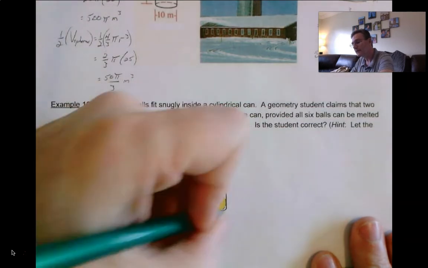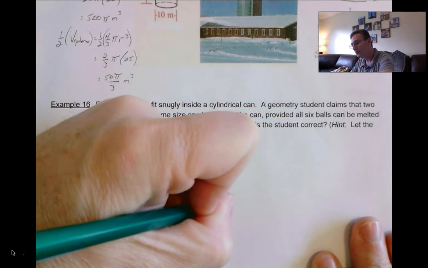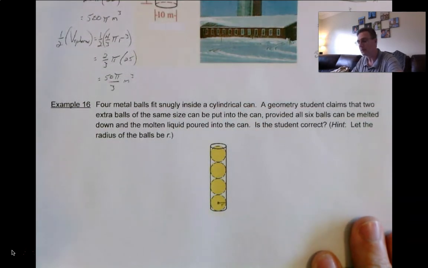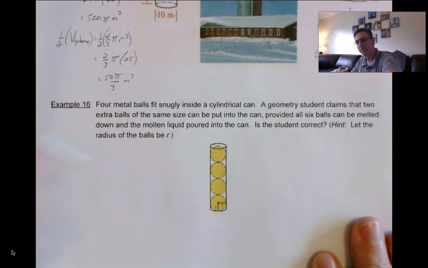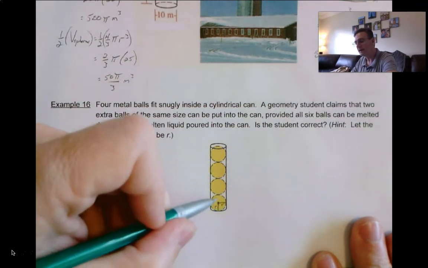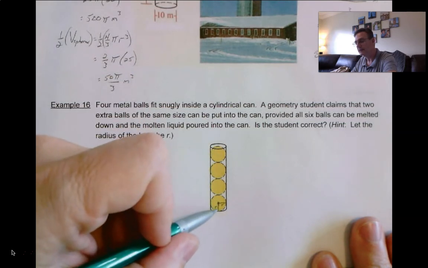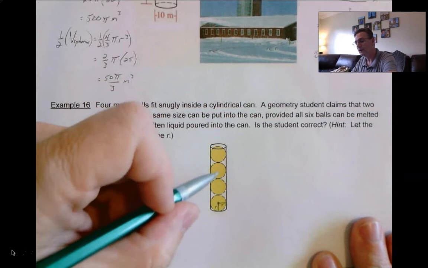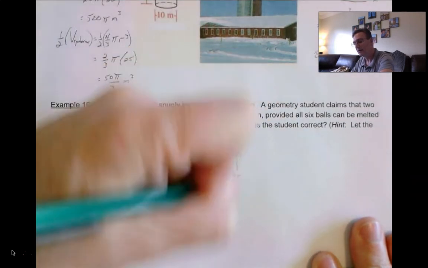We are given a hint, let radius be r. Okay, so if the radius is r, then what's the height of the cylinder? Height of the cylinder is 2, 4, 6, 8 r.